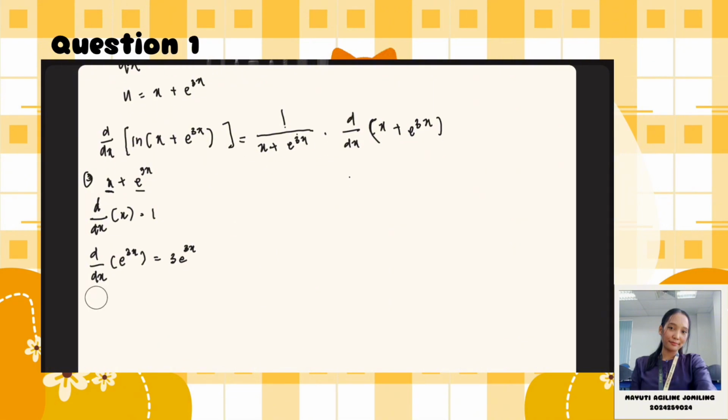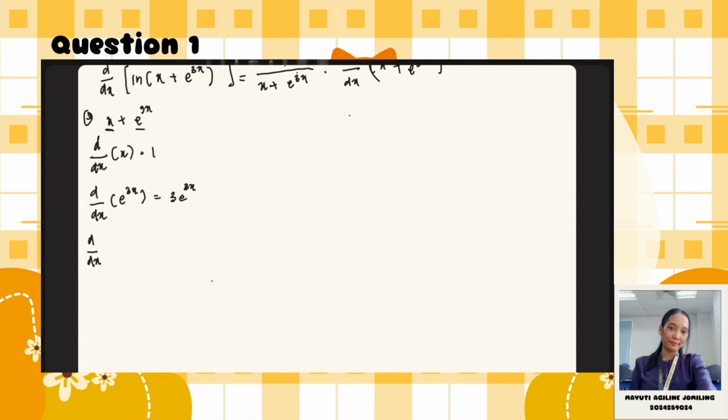So the answer for this step is d over dx of x plus e to the power of 3x, and the answer is 1 plus 3e to the power of 3x.